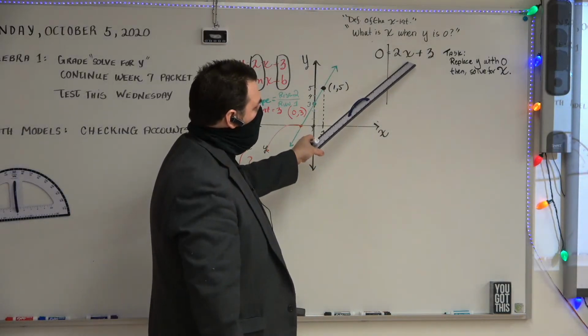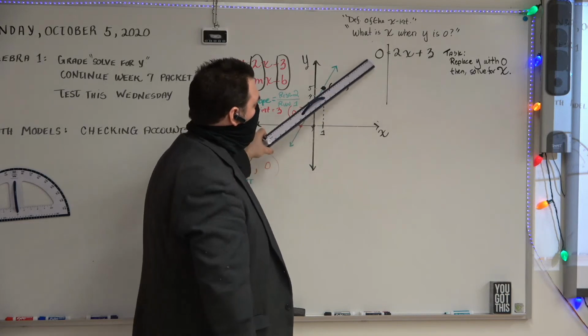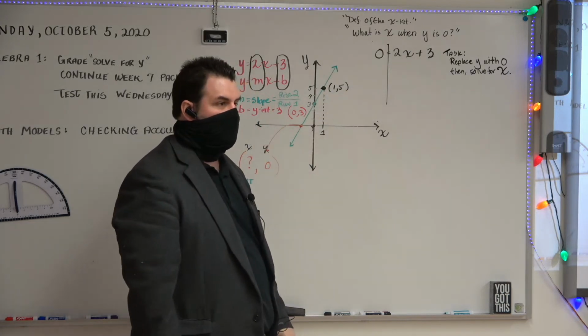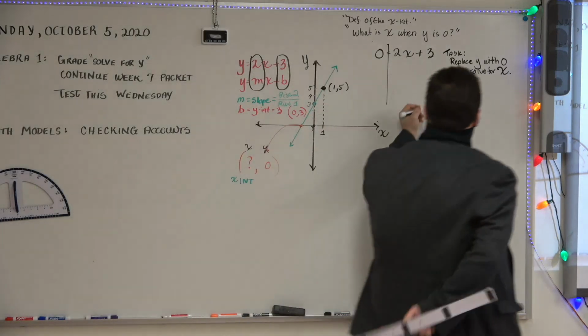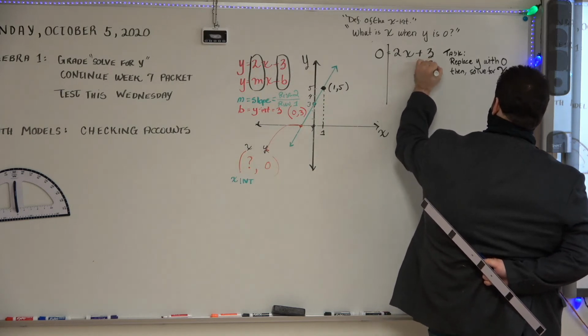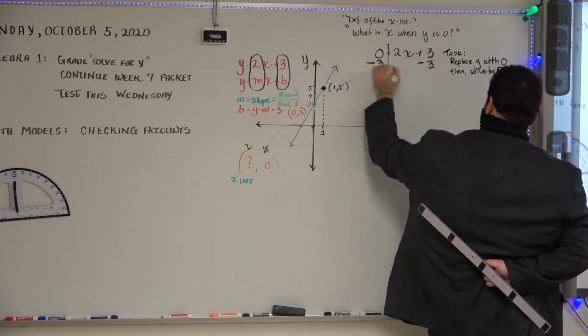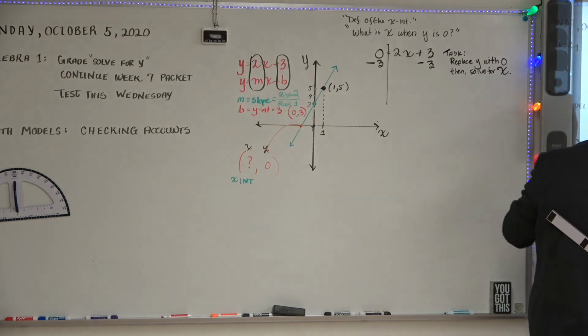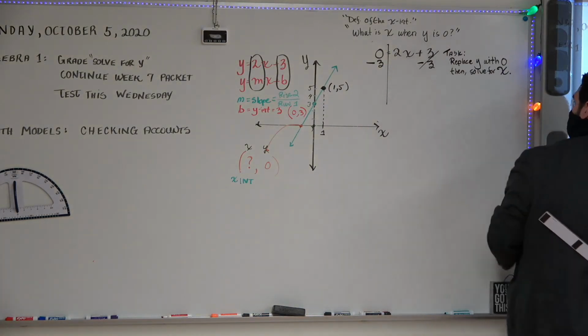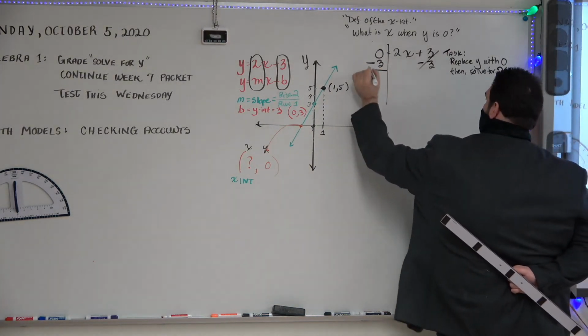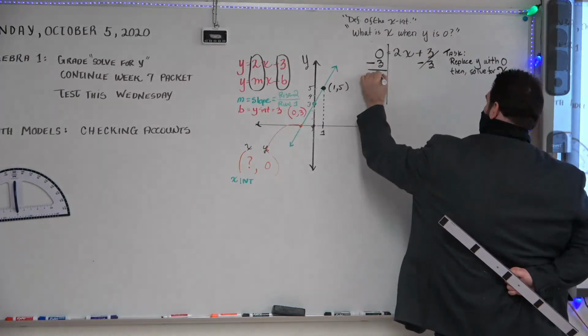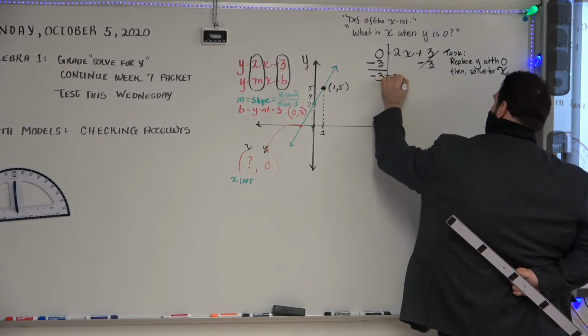Now we want x by itself. First we have to subtract 3 from both sides and then divide everything by 2. Okay? So we're just going to do minus 3, minus 3. Cancel. 0 minus 3 is negative 3. And that equals 2x.